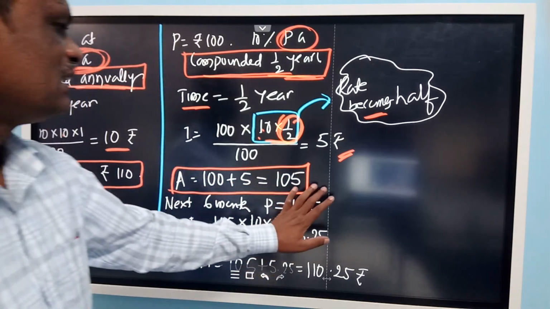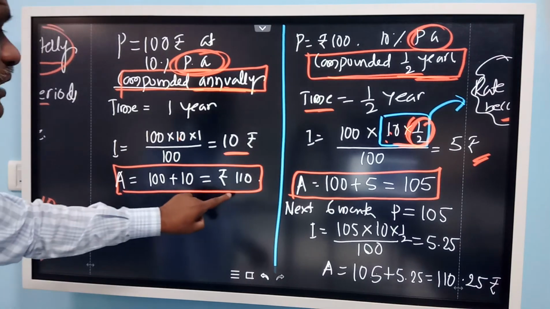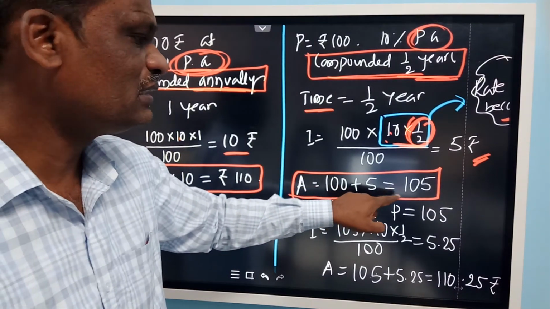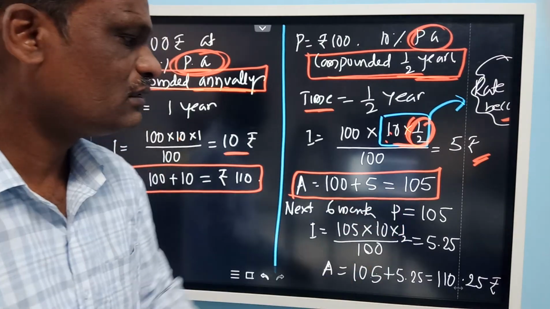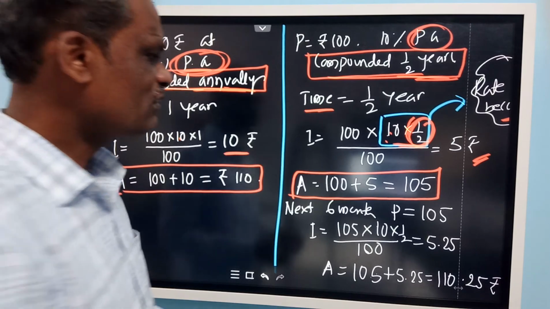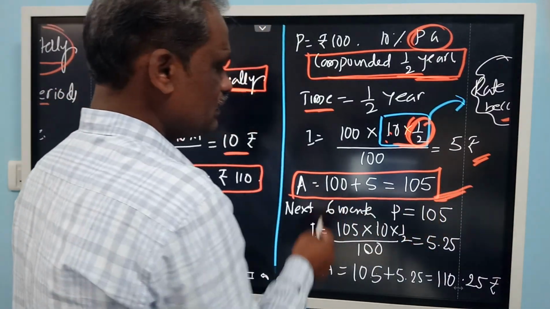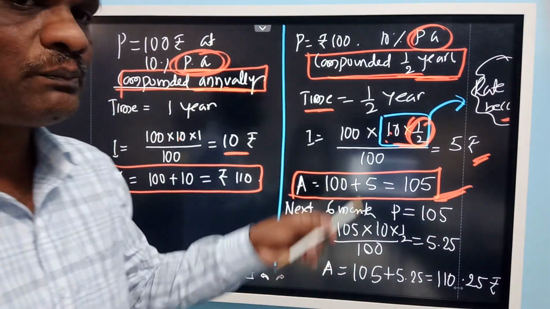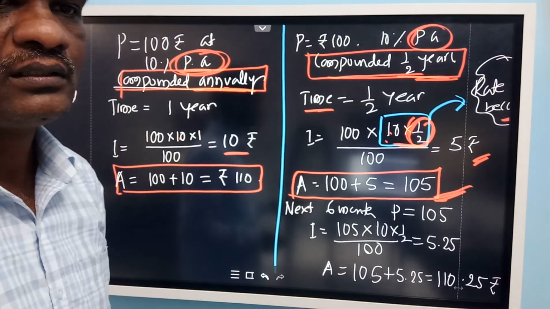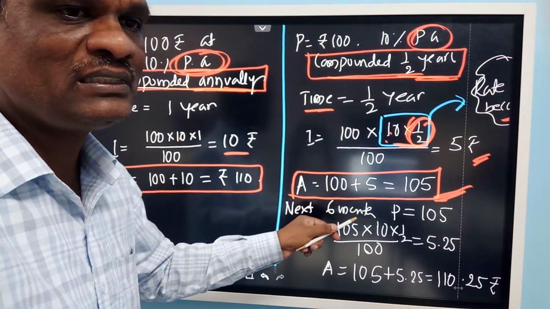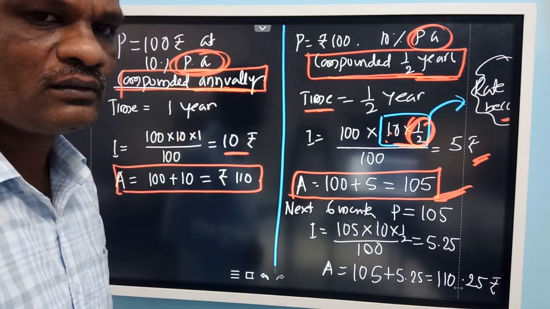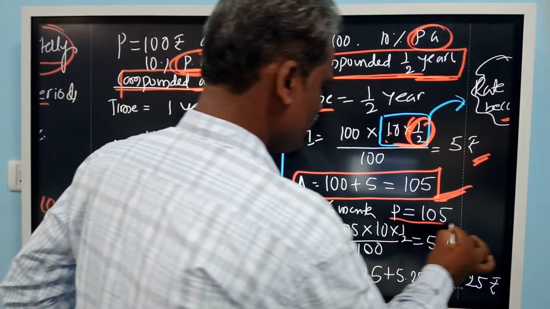So now we look at this half yearly calculation. In annual calculation, the amount you are getting is 110. In half yearly calculation, after 6 months, how much will you get? See, after calculating this amount, for the next 6 months the principal cannot be the same. The principal will change. What is the principal for the next 6 months? Sir, 105. So now the principal will be 105.